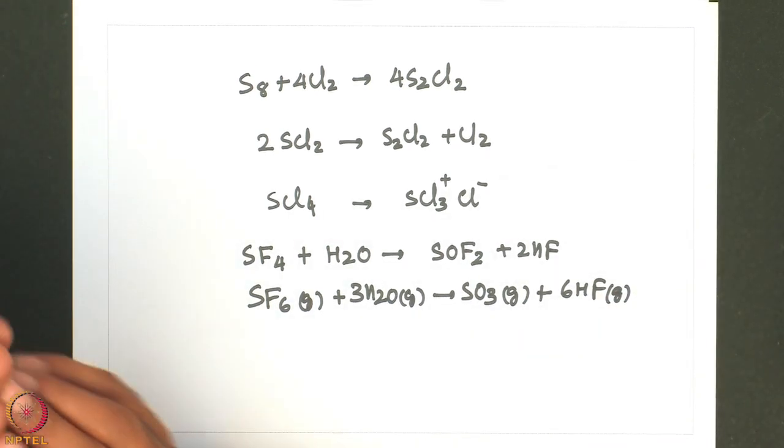So, SF6 is kinetically inert because it is coordinatively saturated, having 6 coordination number, having octahedral geometry. However, under drastic conditions, it undergoes hydrolysis and SF bonds can be broken. Under normal circumstances, SF6 is stable.